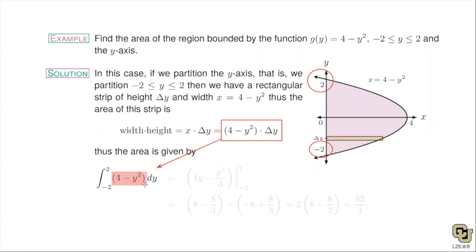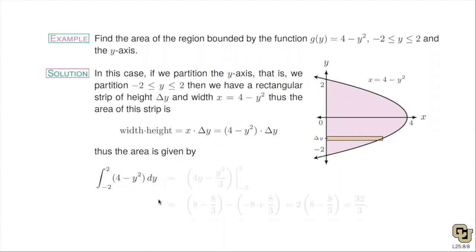That's the width times the height. That gives me the area of the subrectangle. And now add up all the subrectangles from -2 to 2 to give us the exact area. That's exactly the story of this integral, the narrative you should tell yourself.